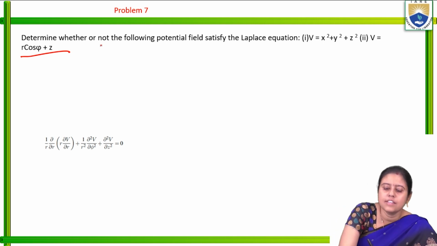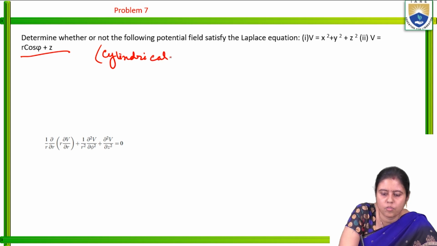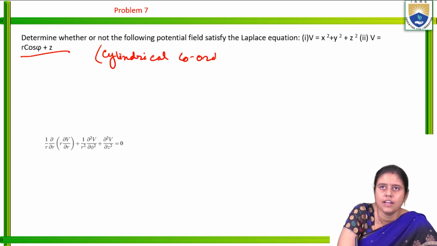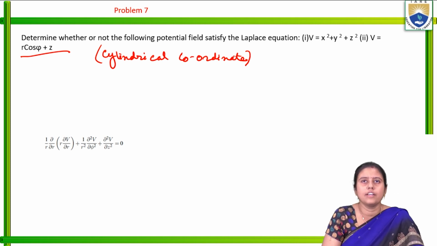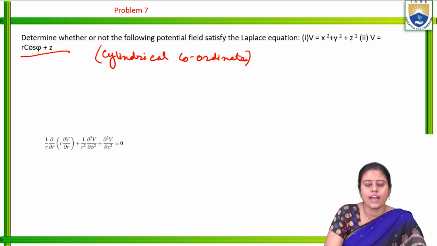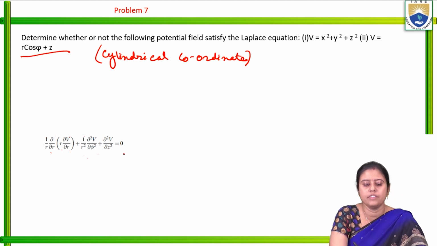So this is in the cylindrical coordinate system, and in the cylindrical coordinate system we have three variables r, phi and z. So we can write 1 by r del by del r of r del V by del r plus 1 by r square del square V by del phi square plus del square V by del z square.